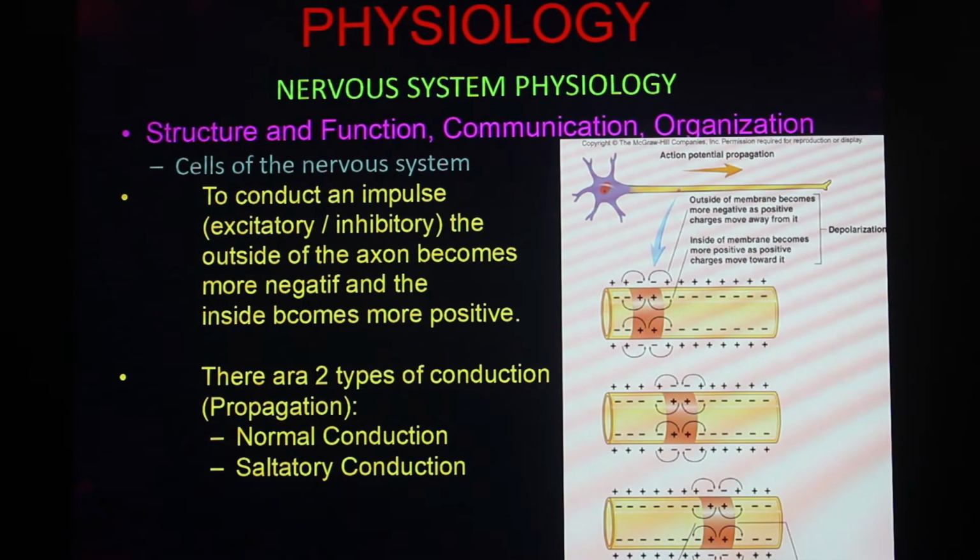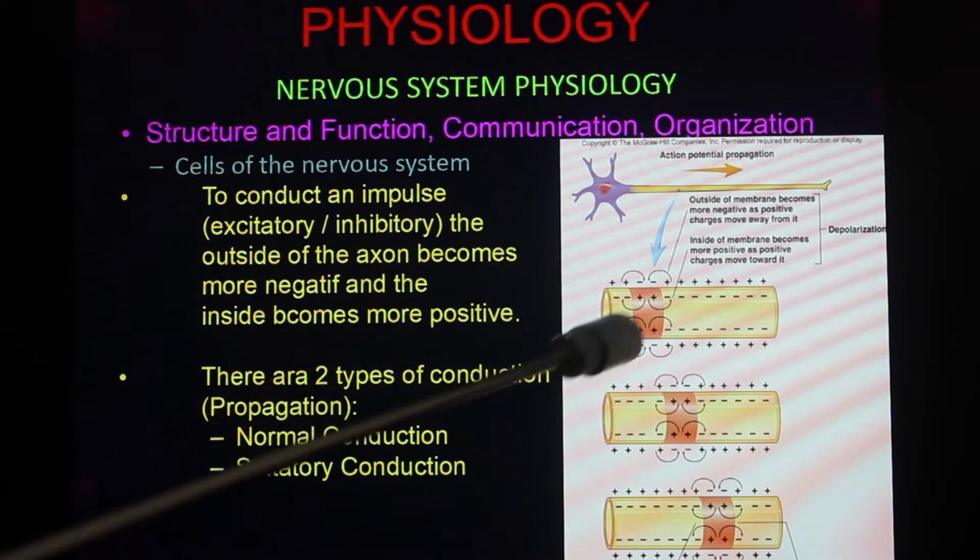To conduct an impulse, and this impulse can be an excitatory or an inhibitory impulse, the outside of the axon becomes more negative and the inside becomes more positive.